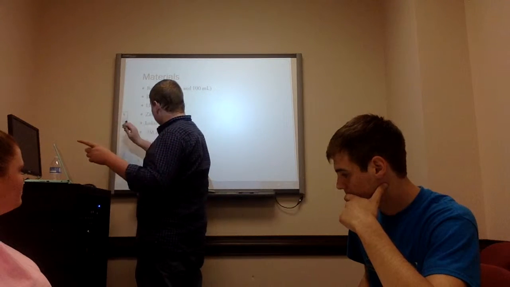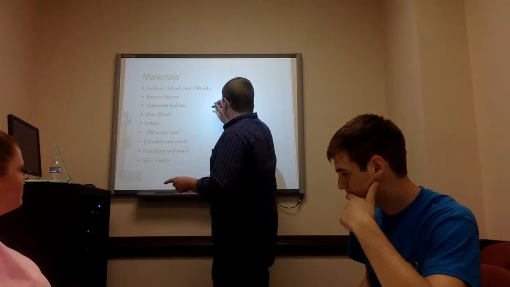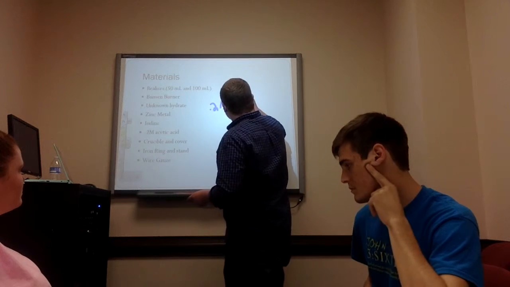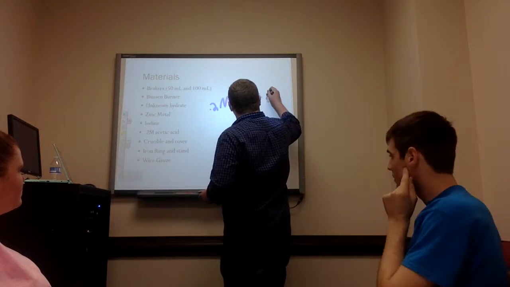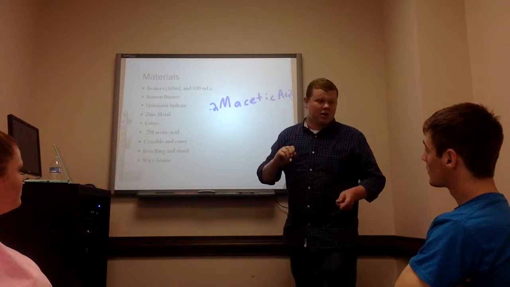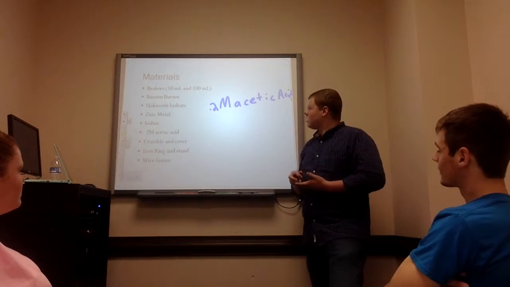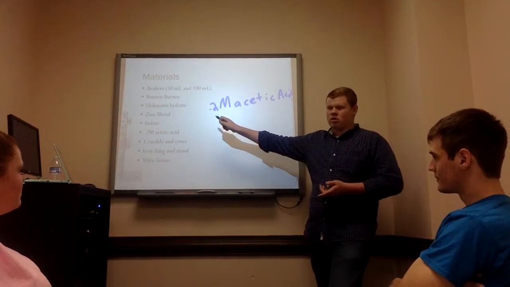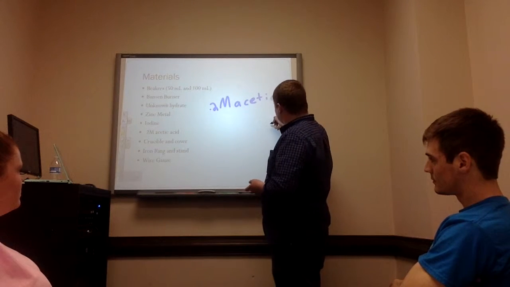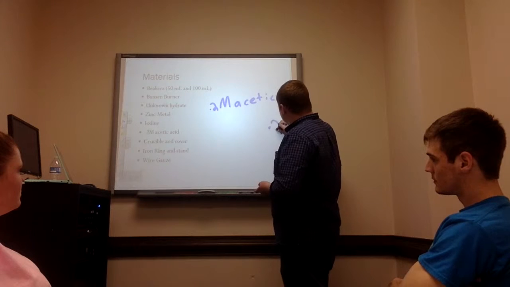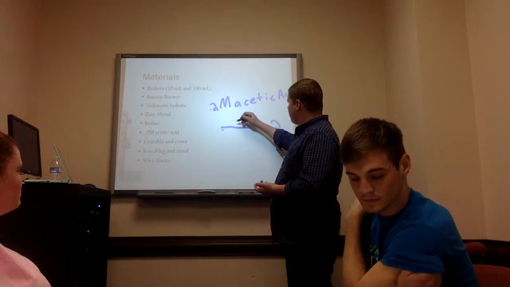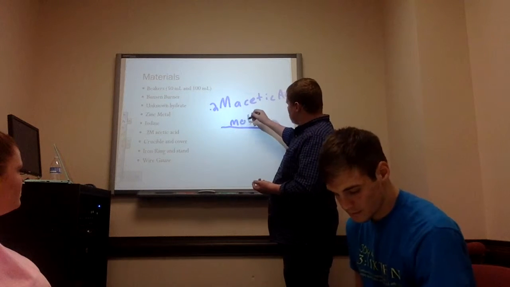So, 0.2 M, capital M, of acetic acid. I believe you all went over this in lecture. You may just have forgotten. That is 0.2 molar acetic acid, which means that the ratio is 0.2 per molar, and that is equal to moles over liters.